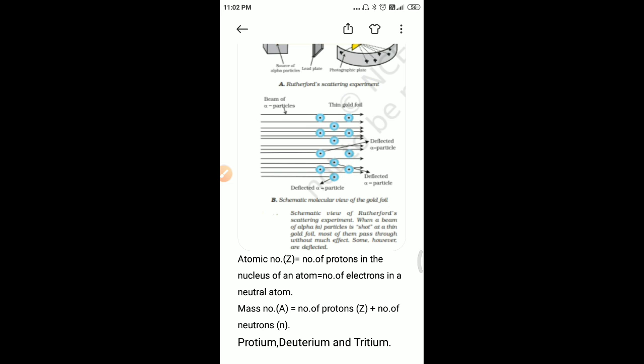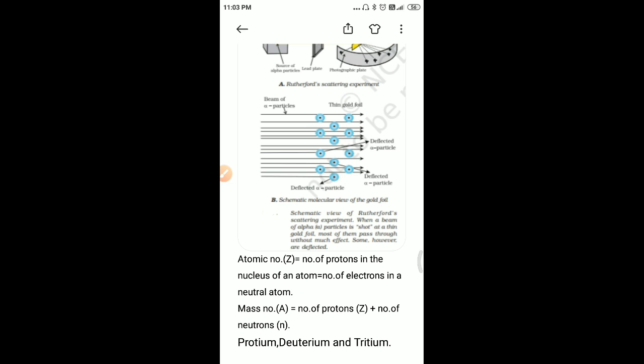For example, 6C14 and 7N14. Carbon has atomic number 6 and mass number 14. In the same way, nitrogen has atomic number 7 but its mass number is 14.